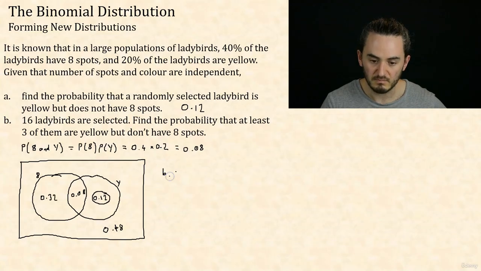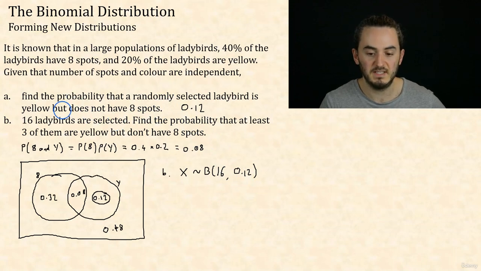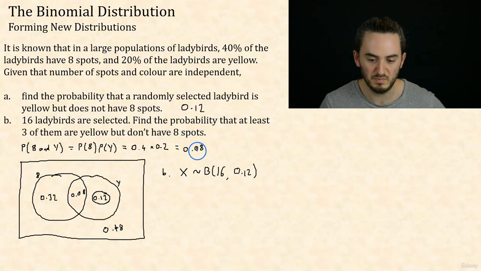The number of ladybirds that meet that description has a binomial distribution. I've got 16 trials, and the probability in each case is 0.12, because that was my answer to my previous question. Remember, my previous question was about the probability of ladybirds that were yellow but didn't have 8 spots, and that's what I'm looking for now, yellow but don't have 8 spots.